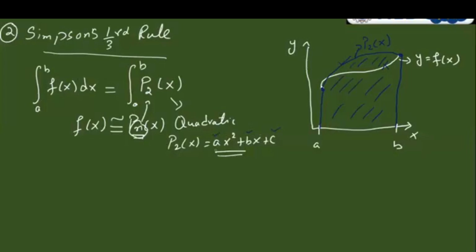So if I can find a, b, c properly, then I can find the degree 2 polynomial. That's the main theme behind it. How we will do that, I will explain a little bit of it. We do not need to derive this thing, we will use the direct relation, but the main theme must be clear. That is the mandatory part. So the idea is, let me select the white color again.